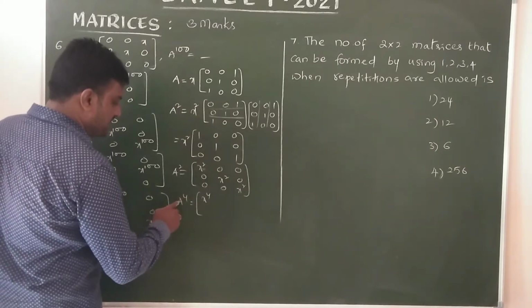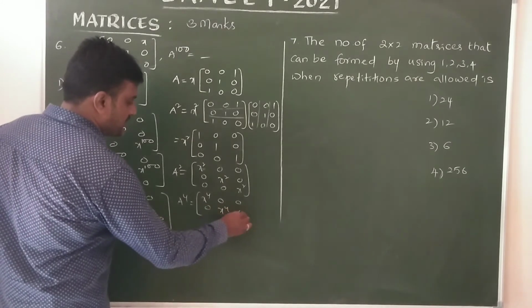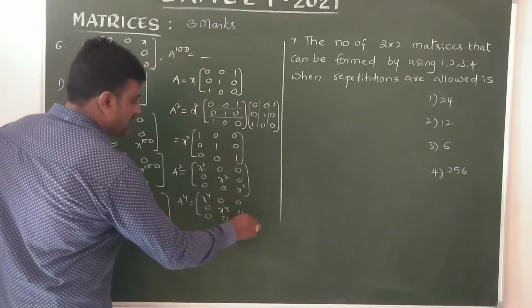At the same time, A power 4 equals x power 4 0 0, 0 x power 4 0, 0 0 x power 4.